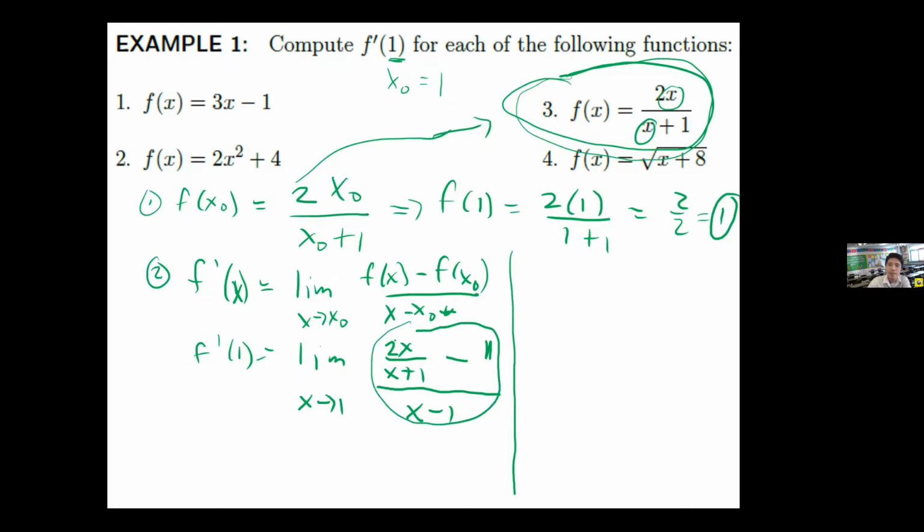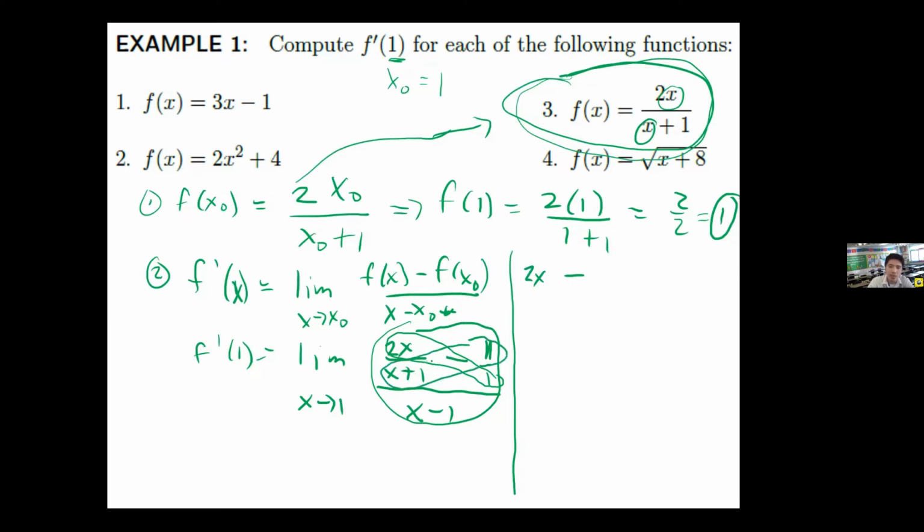Focus ta. So, to simplify that one, pwede ta mag-cross multiply, no? As fraction. So, we have 2x, so that becomes 2x minus, kanina pod, atong i-multiply.